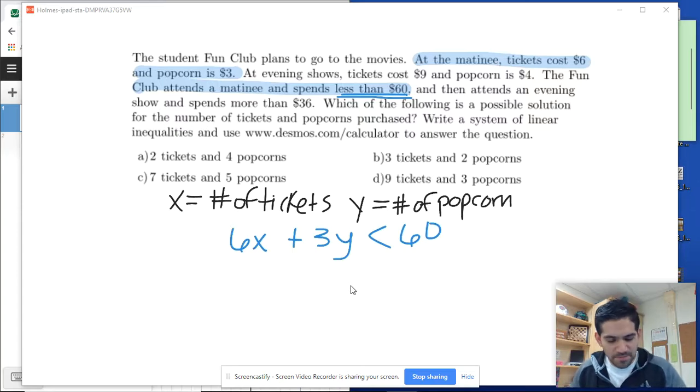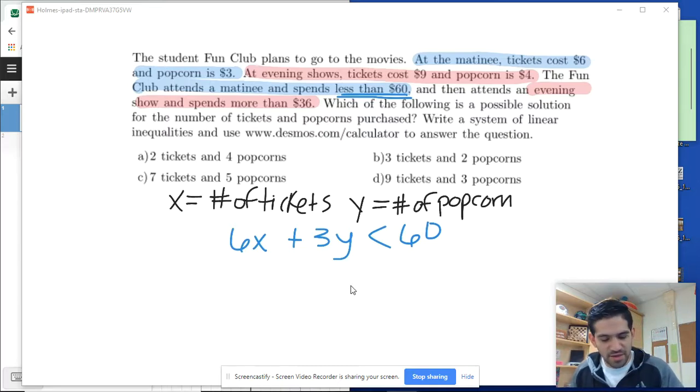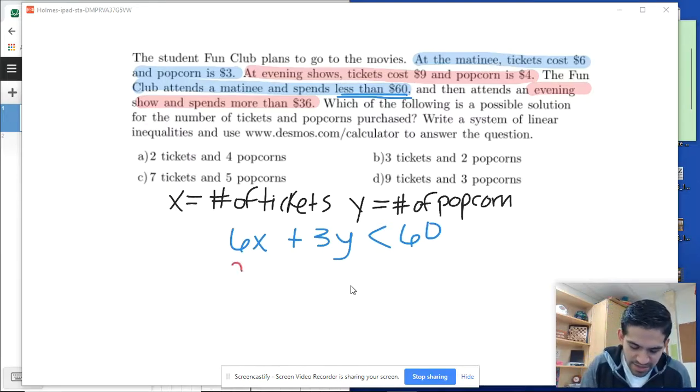The next one is talking about the evening show. At the evening show, the tickets cost $9 and the popcorns are $4. It's more expensive. And at the evening show, we spend more than $36. So we're going to create a different linear inequality for this one, in red, and I'll keep it in red so you can see the difference. The tickets cost $9 each, so 9x.